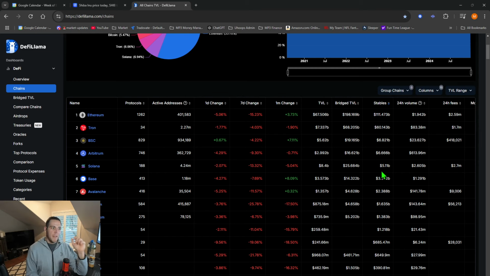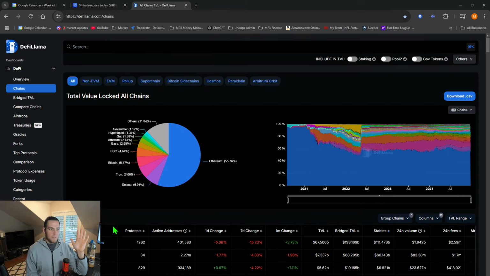Then you've got Solana and Base. So a lot of stablecoins are being used on the Ethereum network because you've got the Ethereum, Arbitrum, Base, Polygon, Optimism. Those are all layer 2s. So there's probably $130 billion of stablecoins for Ethereum. So that is the fundamental.